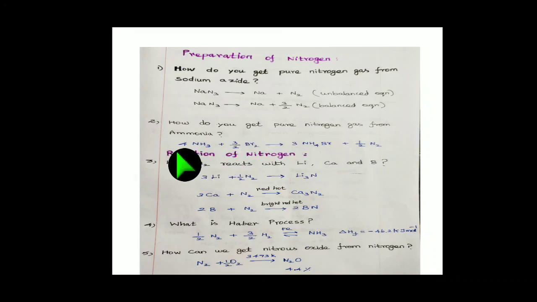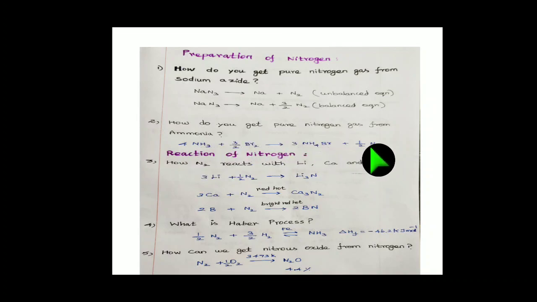On the left side, ammonia reacts with bromine, and on the right side, what are the products? Ammonium bromide and pure nitrogen gas. Ammonium bromide is a salt, it settles down, and we can get pure nitrogen gas.